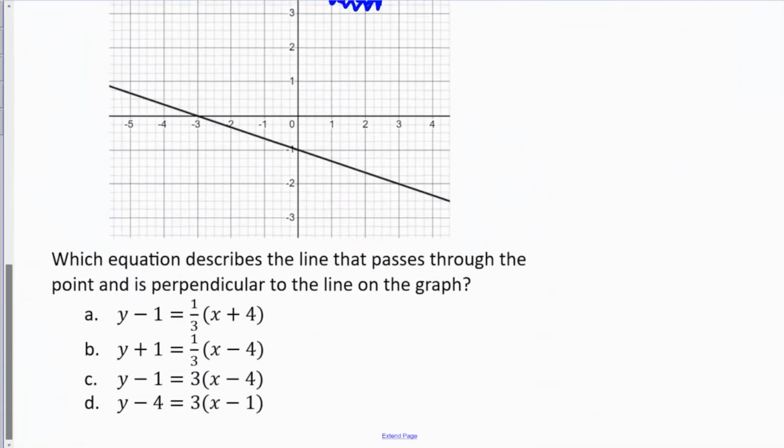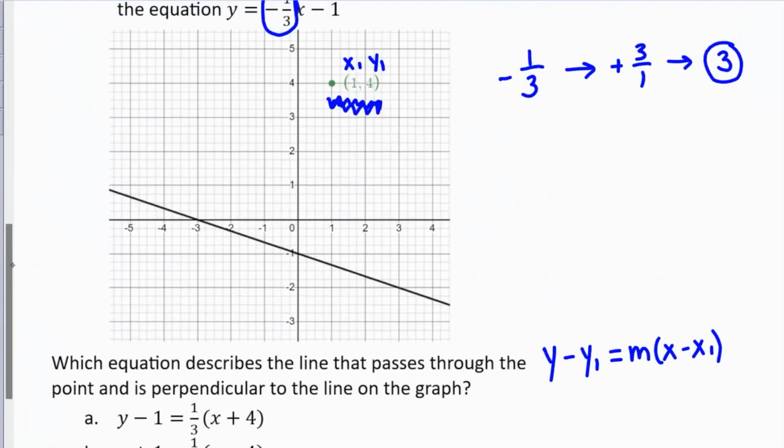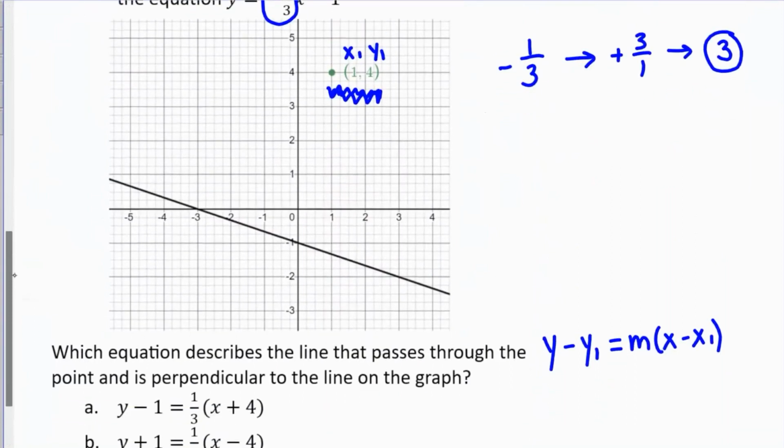If I notice, all my answer choices are in point-slope form, which is y minus y1 equals m(x minus x1). So now I'm going to use my newfound slope, which is perpendicular to our line here, and passes through point (1, 4).